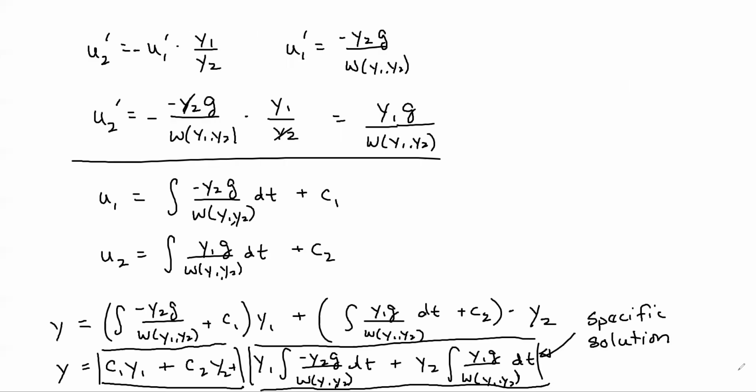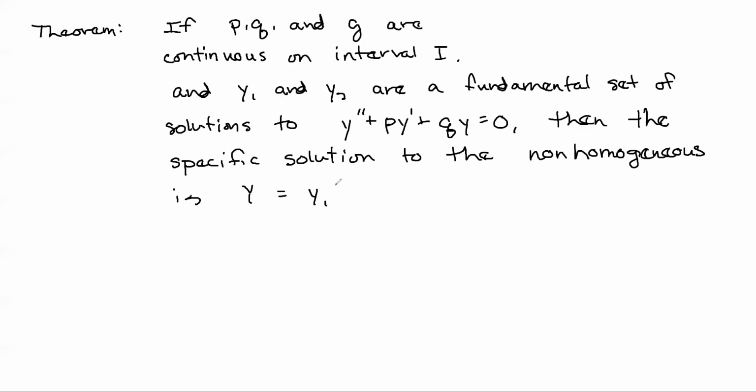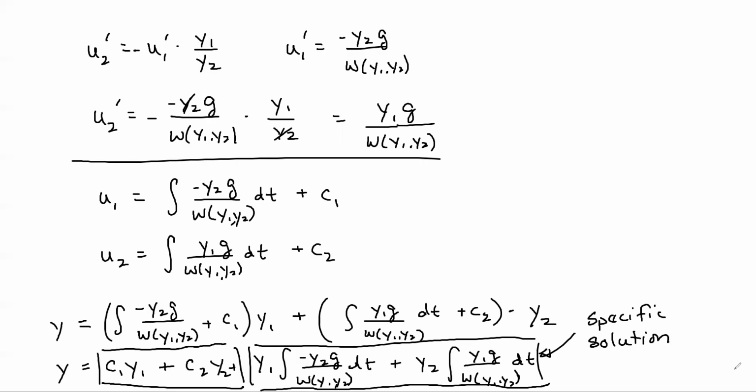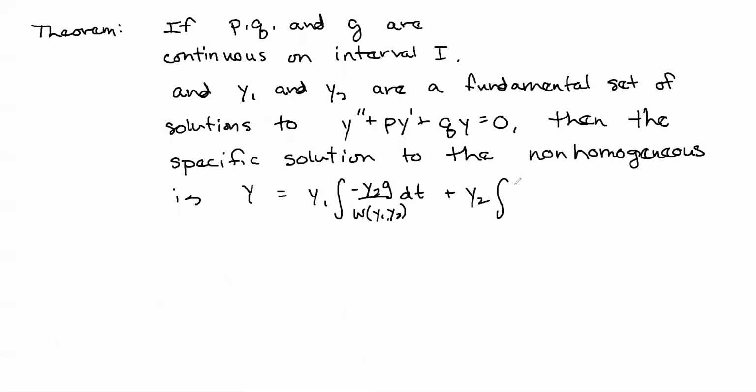Y1 times negative integral of Y2 G over the Wronskian of Y1, Y2 dt, plus Y2 times the integral of Y1 G over the Wronskian of y1, y2 dt. All right, then the specific solution is what we just got.